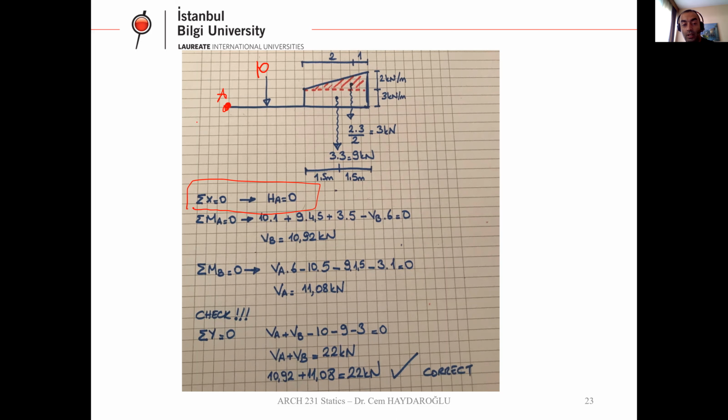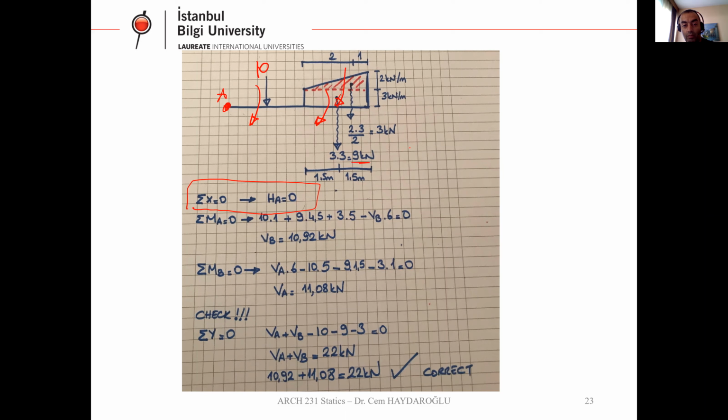So here in this example, this direction is positive. And then we have this 9 times 4.5. It's in this direction. That's okay. And 3 times 5. It's in this direction. Okay, it's positive.